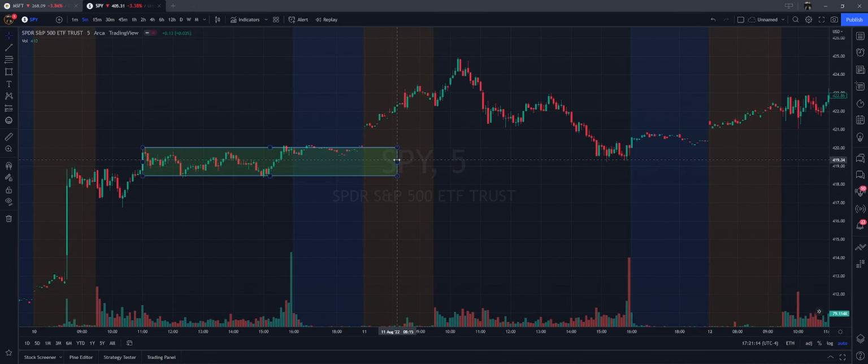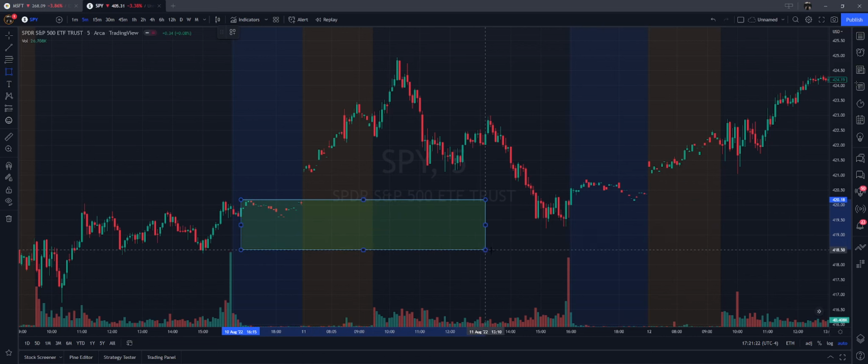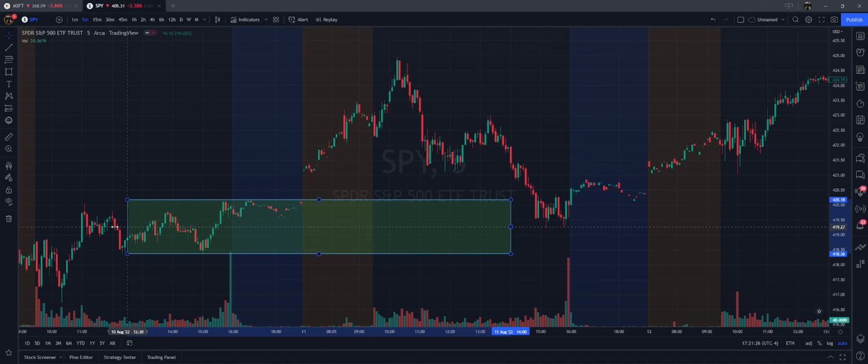So the demand zone is normally somewhere right here, before it goes up, on the top of the range all the way to the bottom of the range. That's where your demand zone is.